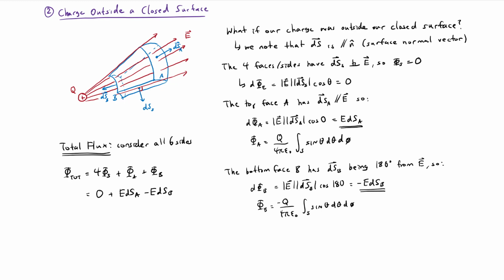But what's also important to note is that the closed surface that I have is small. And so dSA is going to be a very small element, and we can consider both of those equal to each other. So that means I can simplify this and have E dS minus E dS, which is equal to 0.